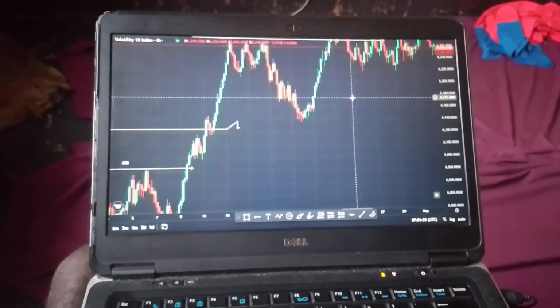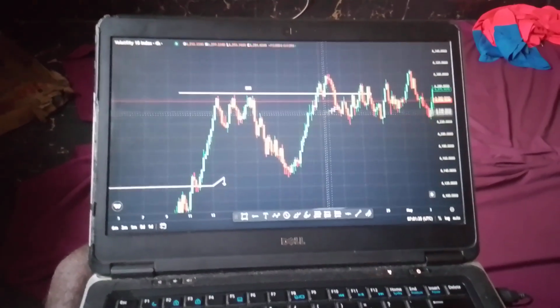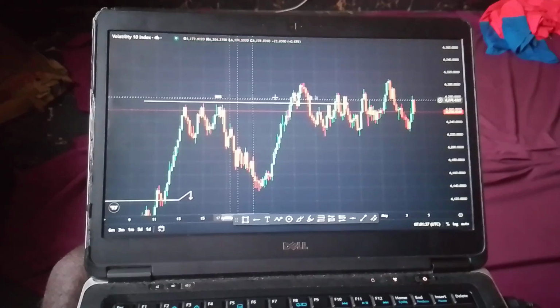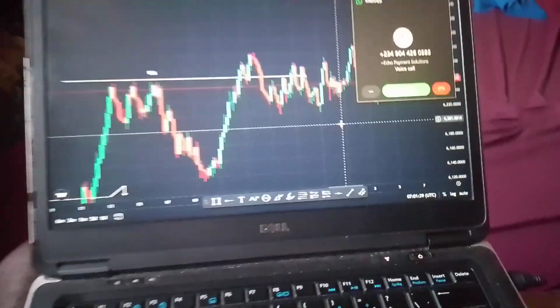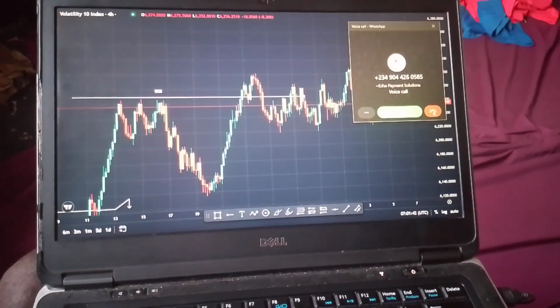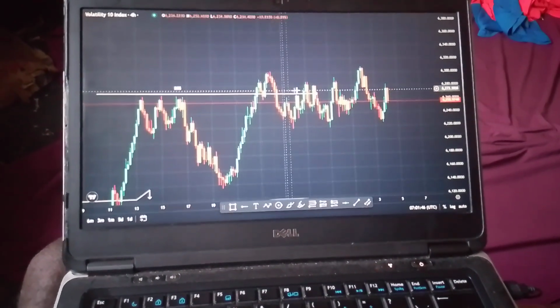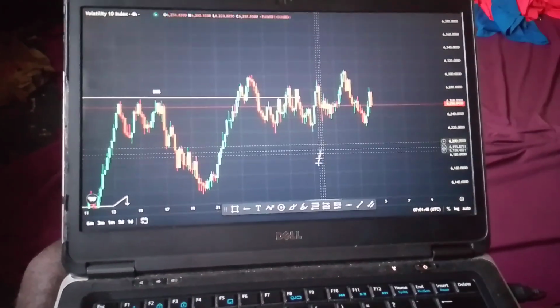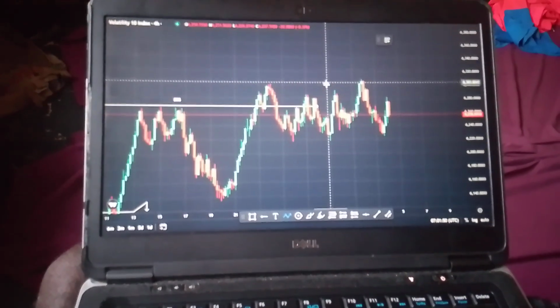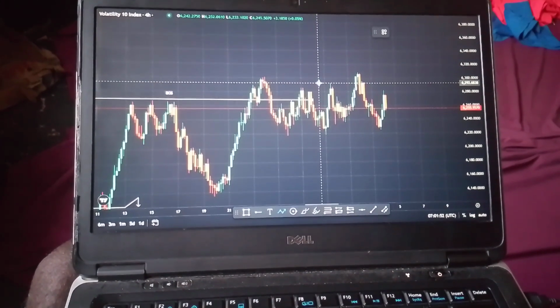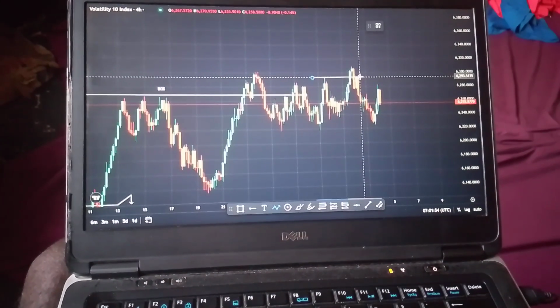You can see price has been pushing, like I said, breaking structures to the upside, pulling back, consolidating. Now you can see again price broke this structure here. That is a break of structure.